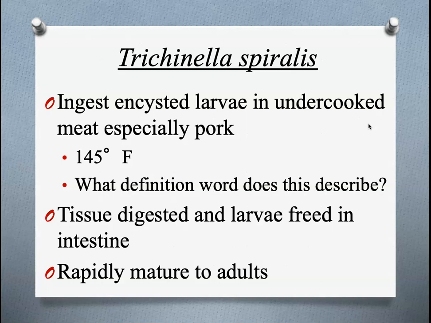So a pig, for example, will have this larva in its muscle tissue. It's encysted in the muscle tissue of the pig, and if we don't heat up the pork enough, to 145 degrees Fahrenheit, if we don't cook it long enough or get it hot enough, then the larva is still infective.